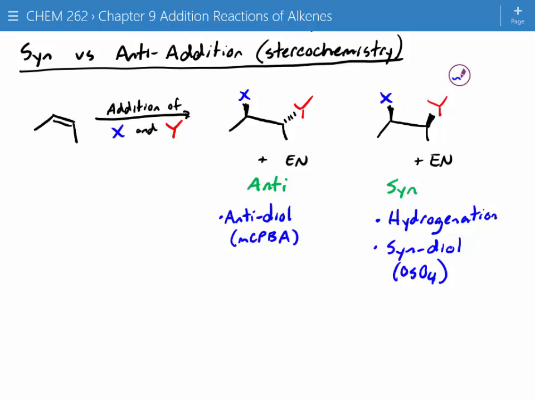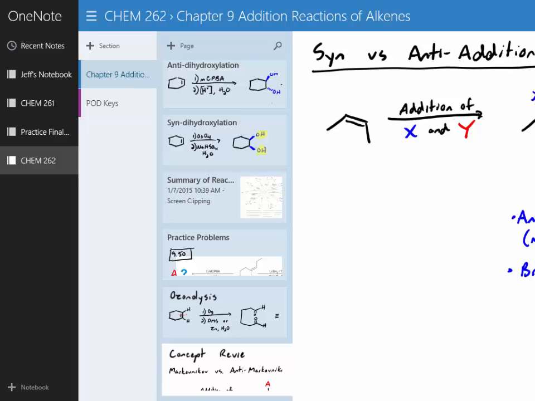What about halogenation? If we add elemental bromine, will that be anti or syn? Anti. For the anti-dihydroxylation, on the chart, there was another reagent they said you could use. So let's take a look back at our chart.